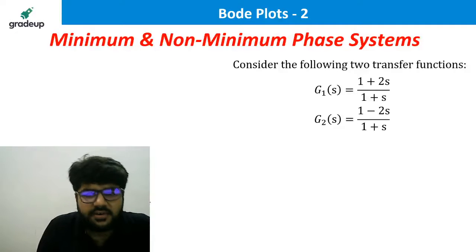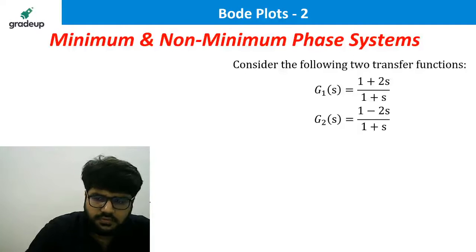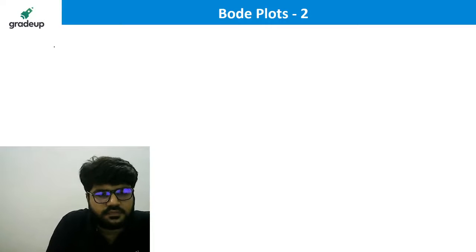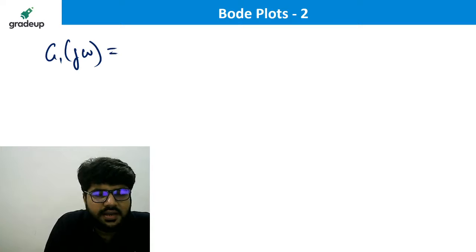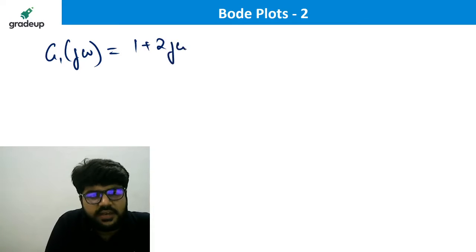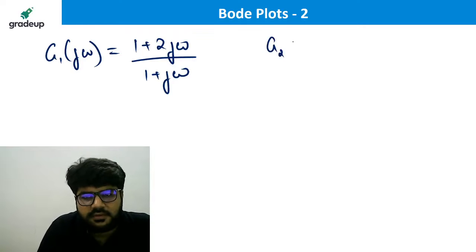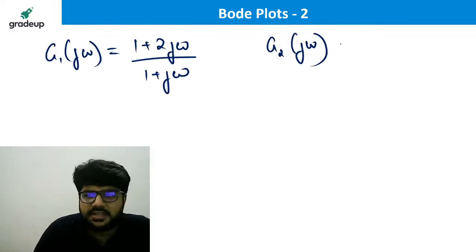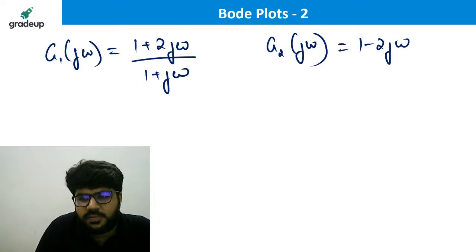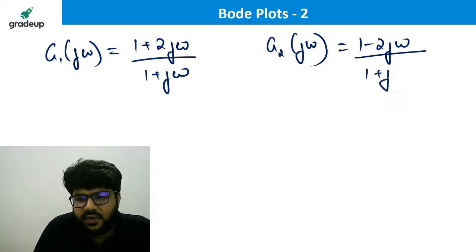Just understand the calculation of these two. G1(j omega) is 1 plus 2 j omega upon 1 plus j omega. G2(j omega), 1 minus 2s means 1 minus 2 j omega divided by 1 plus j omega.